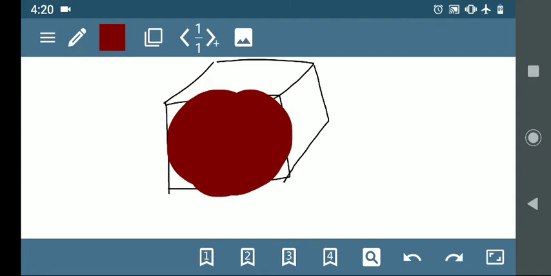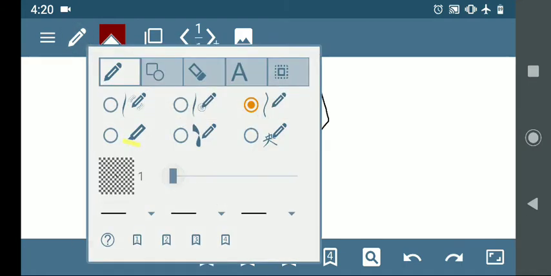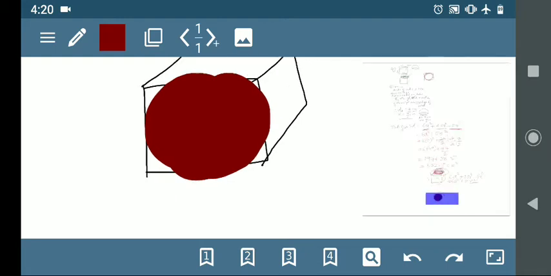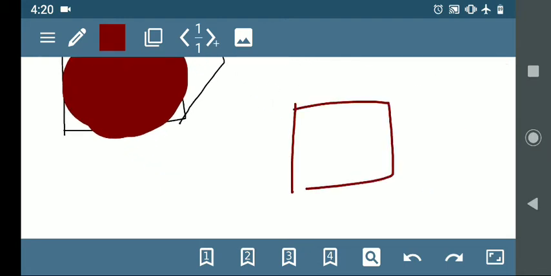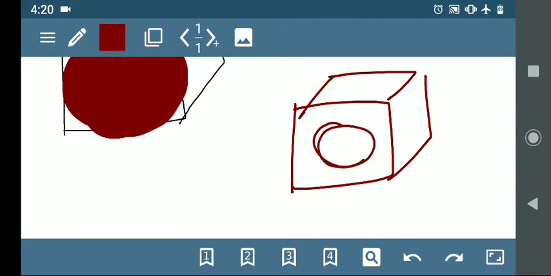Means, when we have a solid cuboid, what is he doing? He is digging out from one side. He is removing a hemisphere, hollowing out the solid.